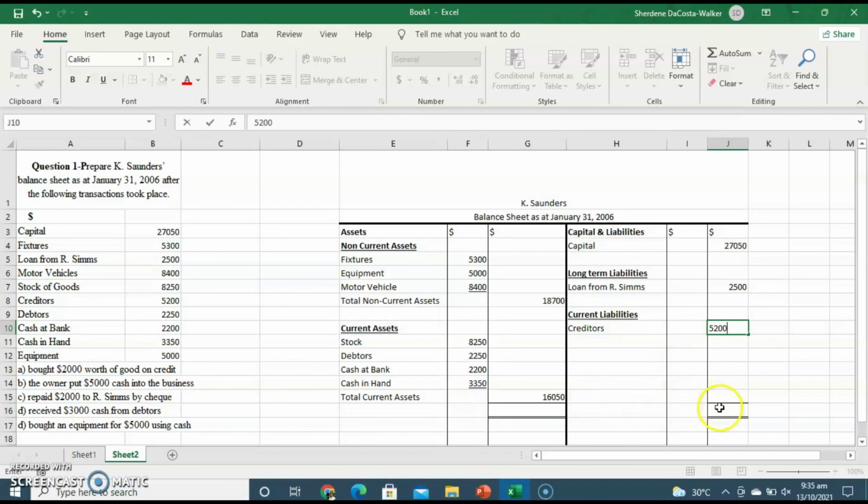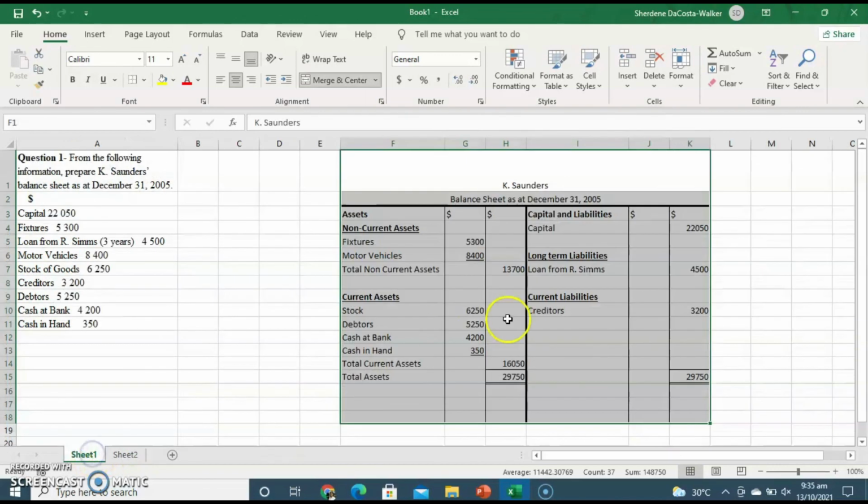So once we have gotten all of that, we're going to go ahead and add up our total non-current with our total current, and we're going to call that our total assets. And then we're going to add up all the capital plus the liability plus the current. And you realize that they are both equal. Now they remain equal even as we look at the first sheet.